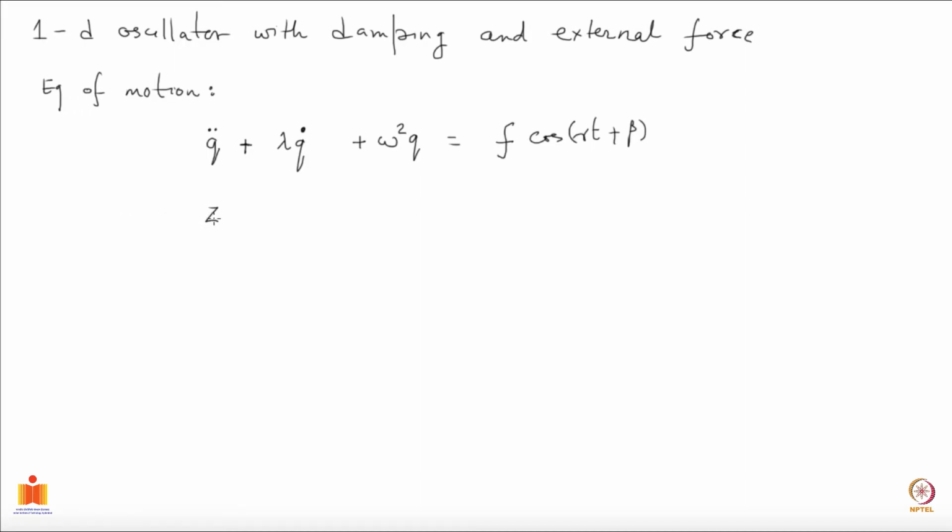I will look at z double dot plus lambda z dot plus omega square z equal to f e to the i (gamma t plus beta), where lambda, omega square, f, gamma and beta are all real numbers.